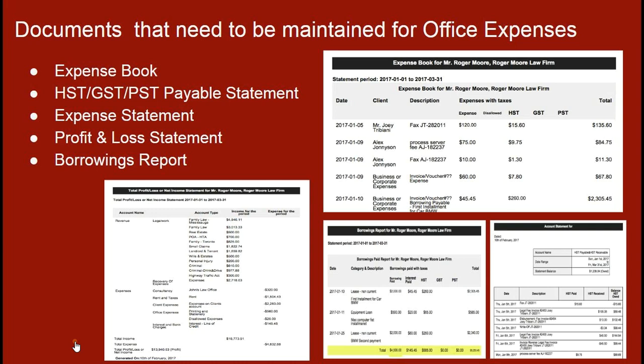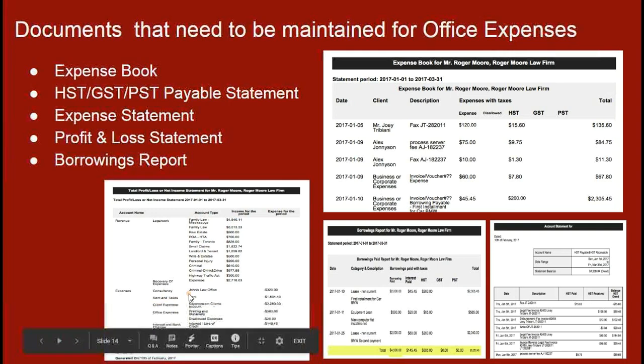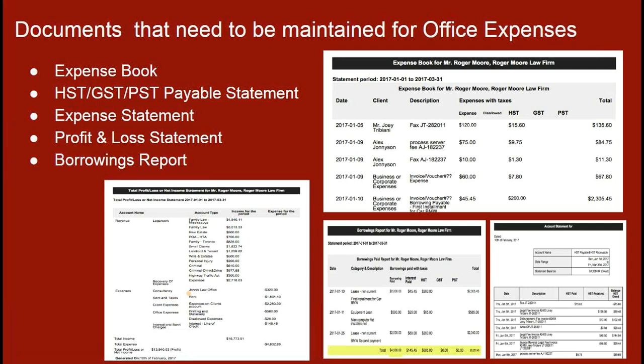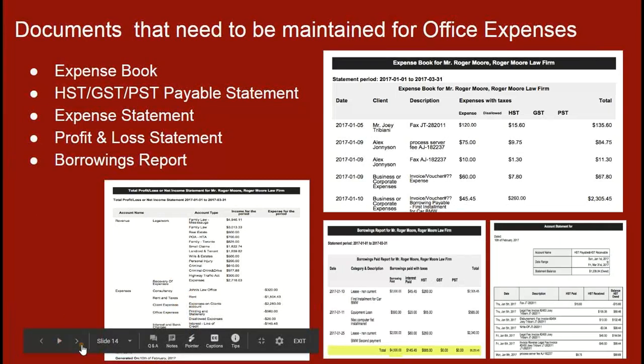Documents such as the expense book, like how we had the fee book, we have the expense book, where are all my expenses, all my provincial payable statements, my profit and loss statement, a fantastic document that every business, of course, produces on a term period. Because part of the profit and loss, of course, is how much was my revenue and how much was my expense. The expense, of course, just being an added arithmetic of all the expenses that you incurred in that time period.